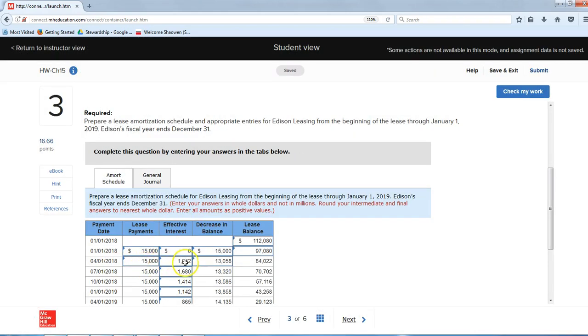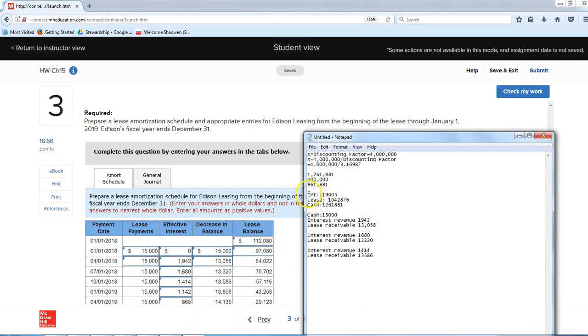April 1st, we have interest of $1,942, and lease receivable is reduced by $13,058.